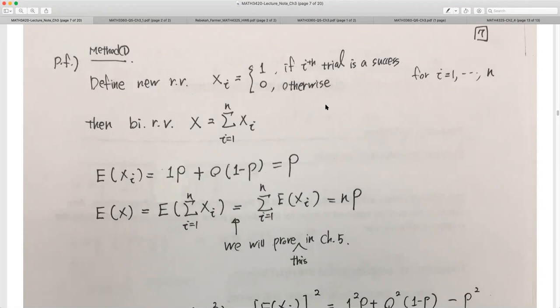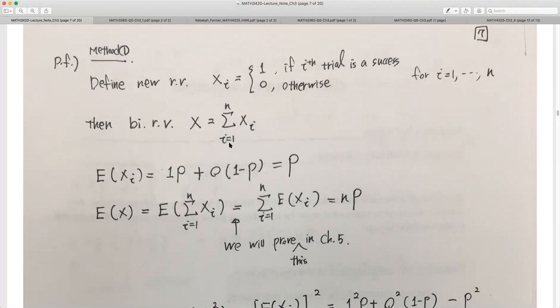So the binomial random variable x is going to be what? The sum of x sub i. For example, in 10 trials, if in the first 2 trials we got success, then x sub 1 and x sub 2 are going to be 1, and the total number of successes is 2. So the binomial random variable x is equal to the sum of x sub i, i going from 1 through n.